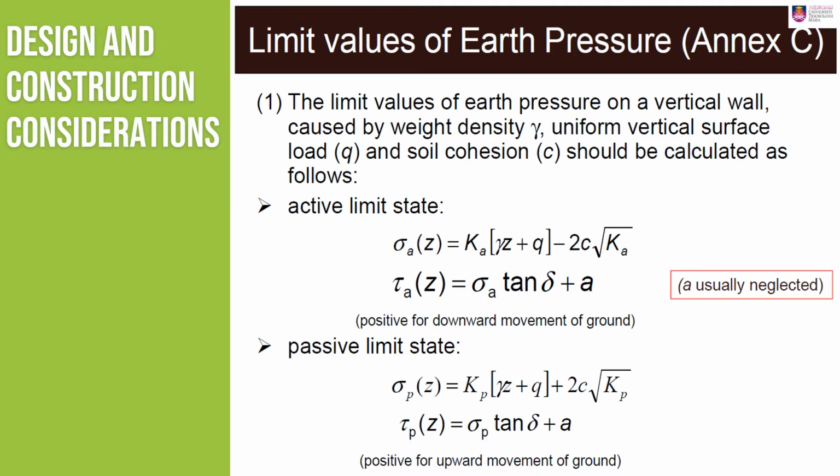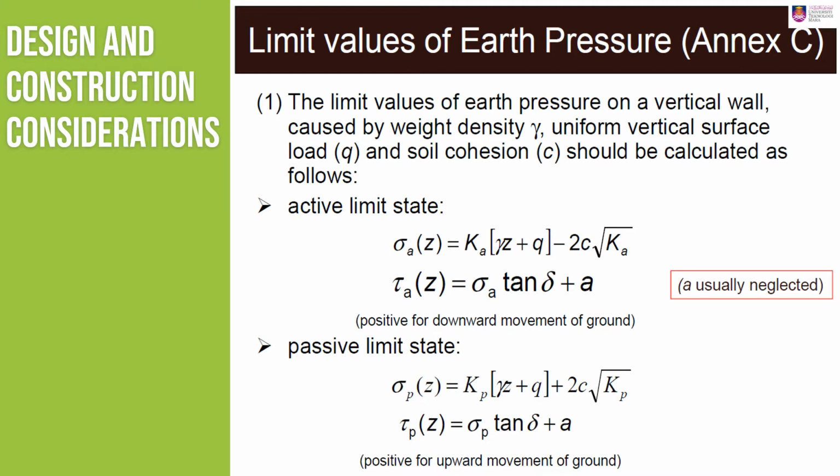In Annex C, the limit values of earth pressure on a vertical wall caused by soil weight density gamma, uniform vertical surface surcharge q, and soil cohesion c should be calculated as follows. The active limit state at depth z is Ka times (gamma z plus q) minus 2c times the square root of Ka.